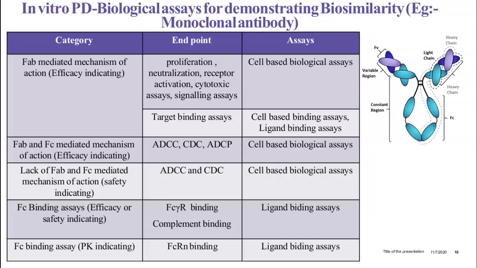For this, there are different endpoints we can use, and different cell lines. We can go for proliferation and neutralization assays, receptor activation, cytotoxic assays, and signaling assays to understand the complete Fab-mediated mechanism of action to see the efficacy. All these assays are cell-based biological assays. To understand the Fab-mediated mechanism of action, we can also go with target binding assays, which are also mainly cell-based or ligand-based assays.